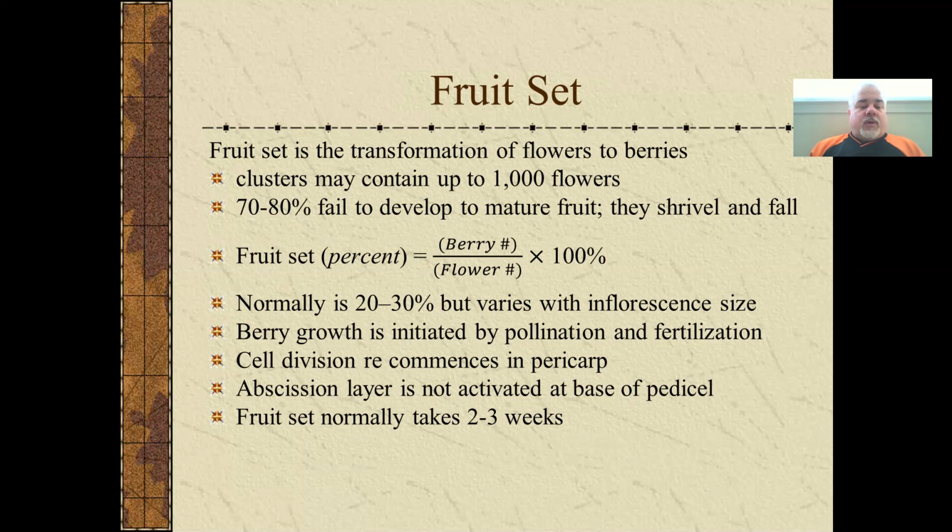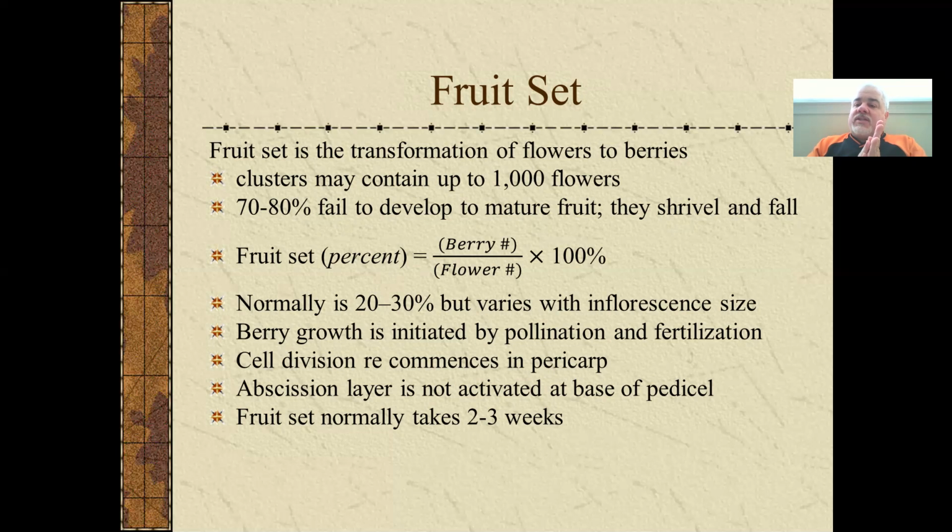Cell growth, not going to worry about that. There's an abscission layer that is at the base of the pedicel, the base of the flower stem, that joins the flower to the rachis. That's a little pedicel. And that little flower stem that joins it to the rachis, or the cluster stem, there is a point called the abscission layer.